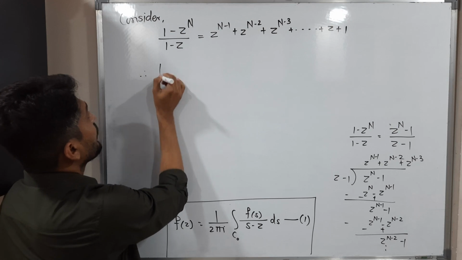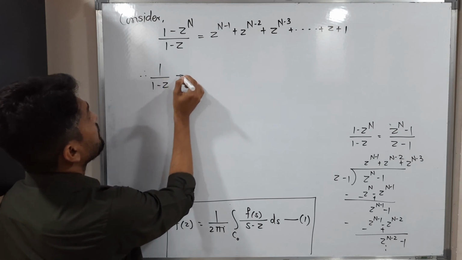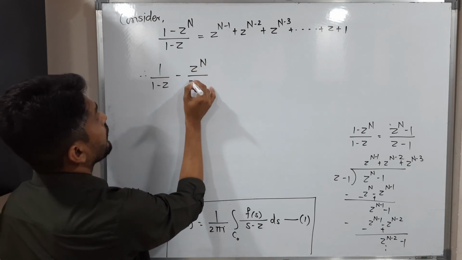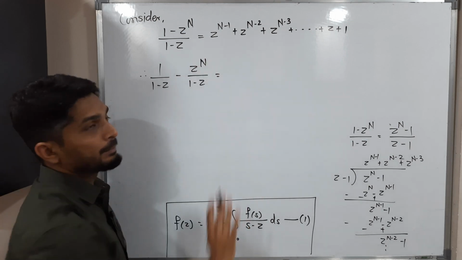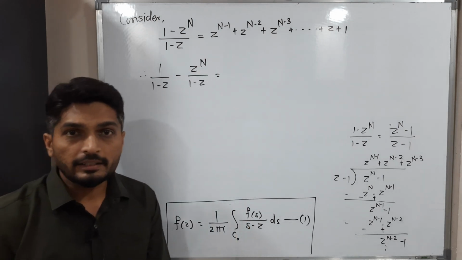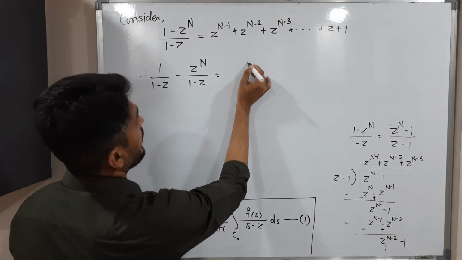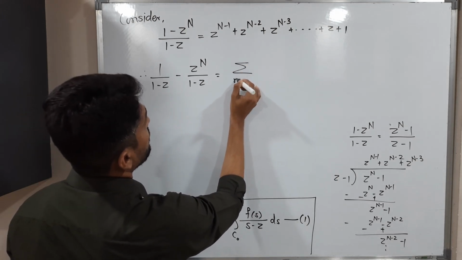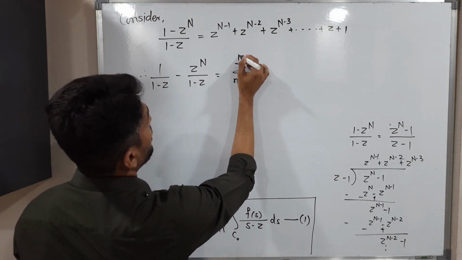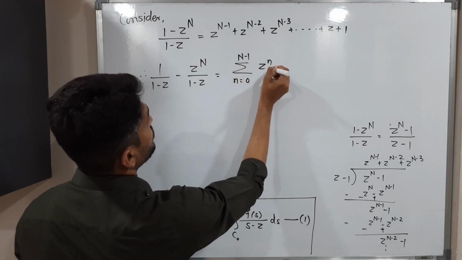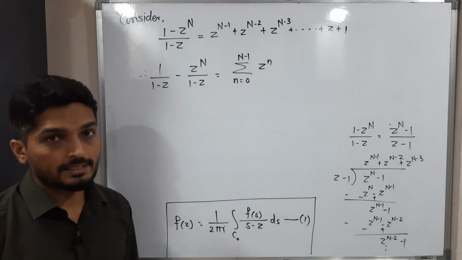So we will have 1 upon 1 minus z minus z raised to n upon 1 minus z. This will be as it is. Let us write it in the form of a series: summation n running from 0 to n minus 1 of z raised to n. The same thing I have written in the form of a series.